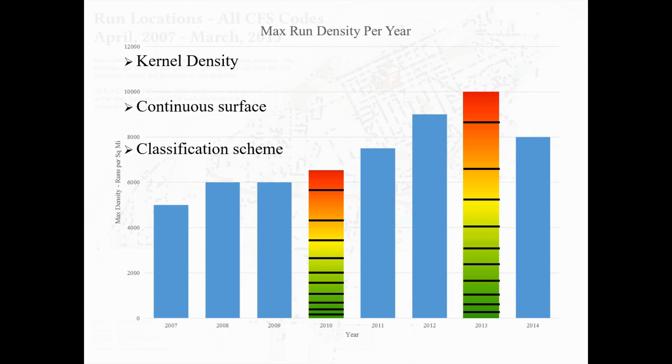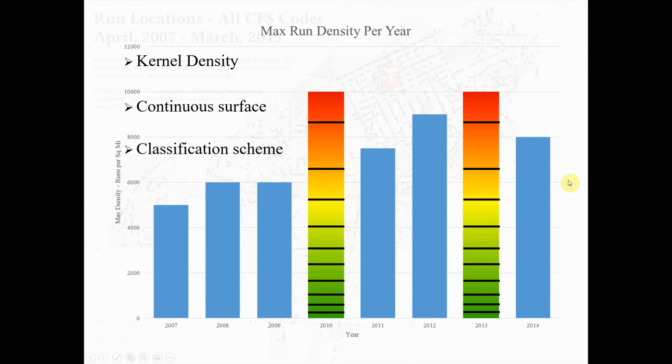So what you need to do is really consider how you're going to apply data classification schemes across years if you really want to compare data across years, if that's what you're trying to do with kernel density. So basically you need to take the classification scheme from the highest year with the most dense amount of points and apply it to every other year.